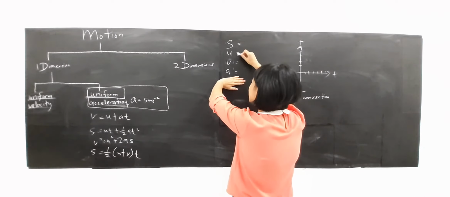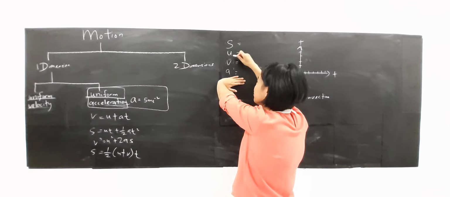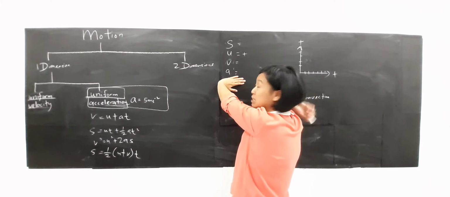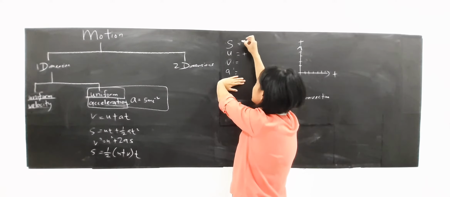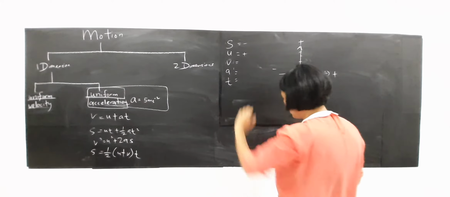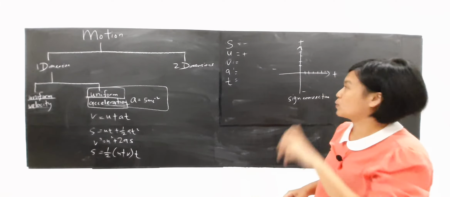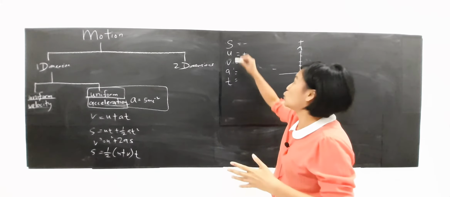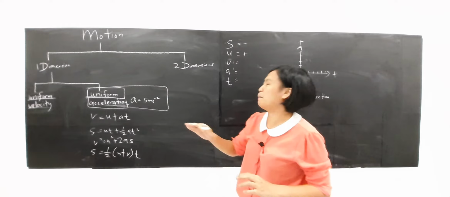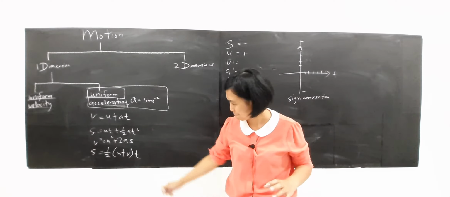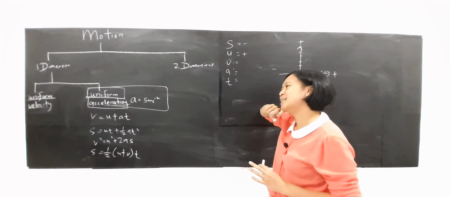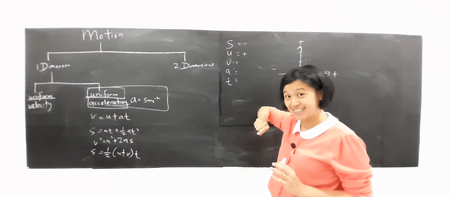We always need to know the direction for those things here. If it goes to the right, we put positive. If I find that it goes to the left, for example, you should put a negative sign for it. So you always list down the values here. Then from here, you can apply whatever we want.